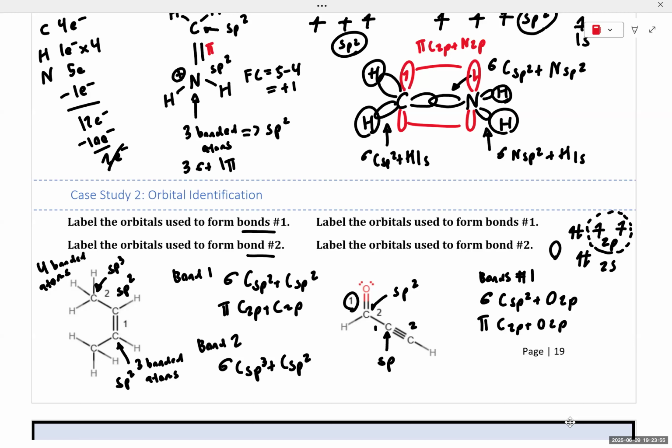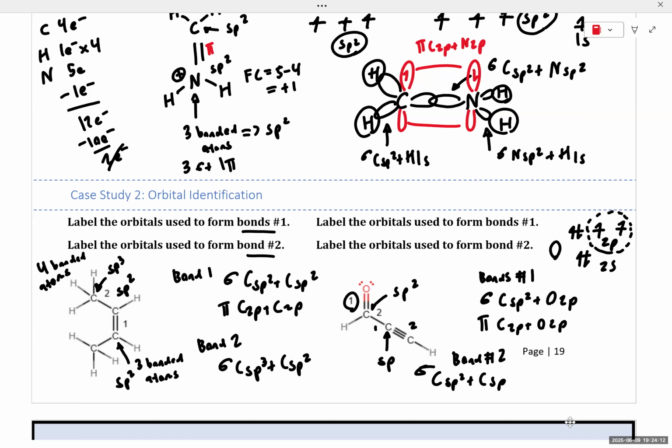Looking at bond number 2, that's just a single bond, which is the overlap of our hybrid orbitals. So we have a carbon sp3 and a carbon sp orbital overlapping to make this sigma bond.